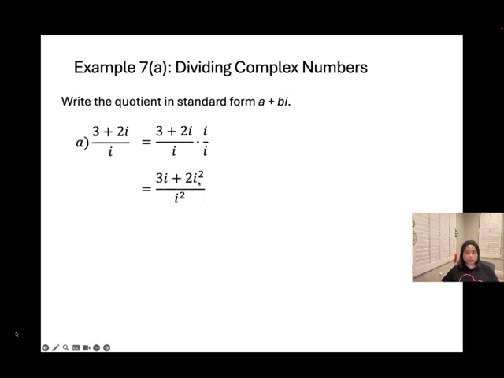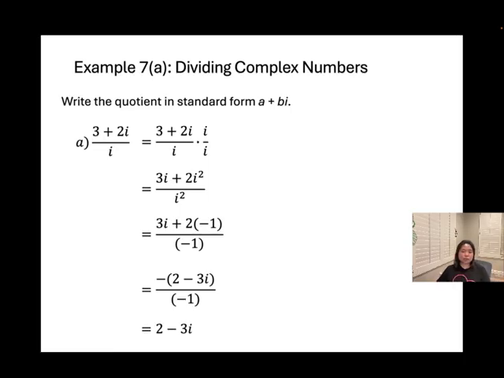And then i squared, you could replace with negative 1. Simplify it. And then I factor out the negative 1 here as well because I tried to simplify with the denominator. So final answer will be 2 minus 3i. Okay, which is going to be the standard form a plus bi.